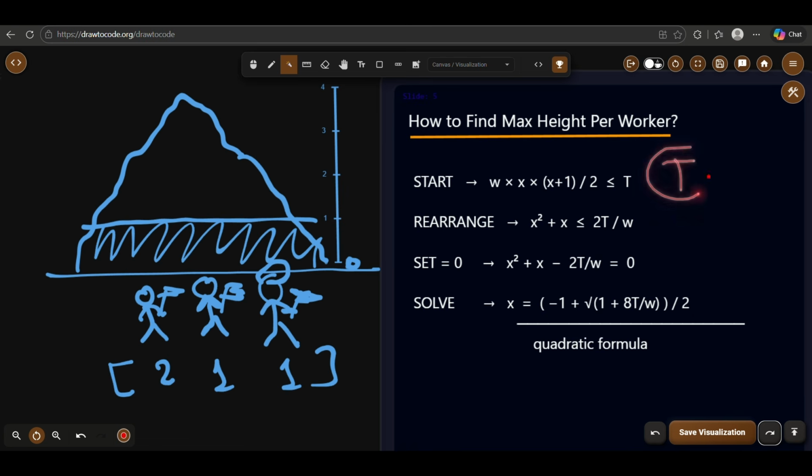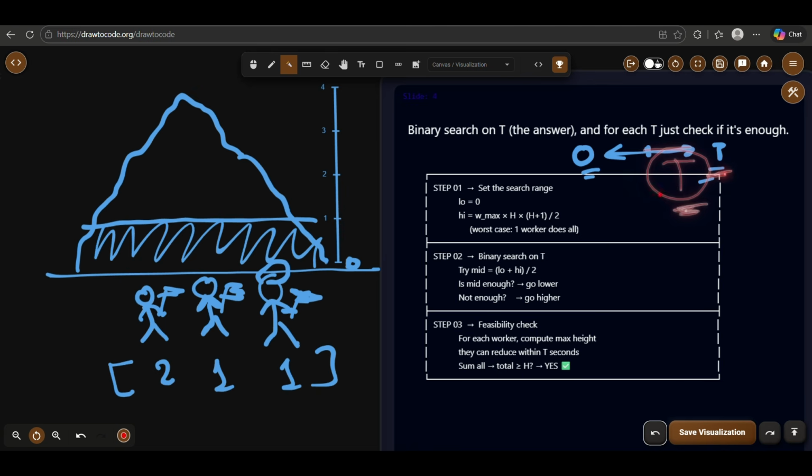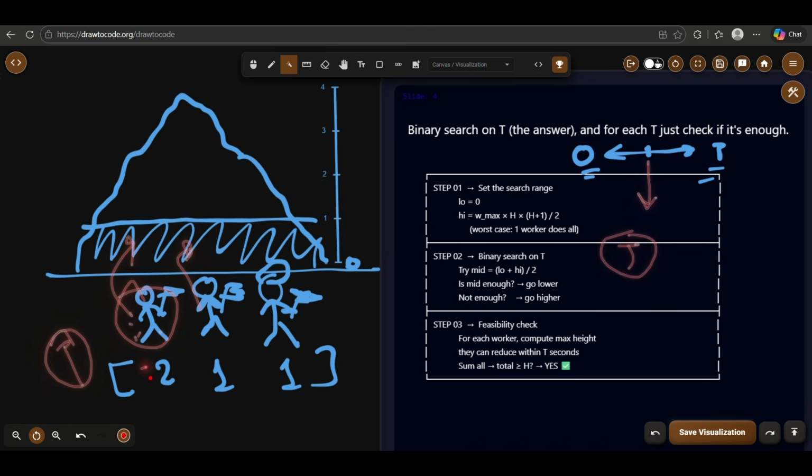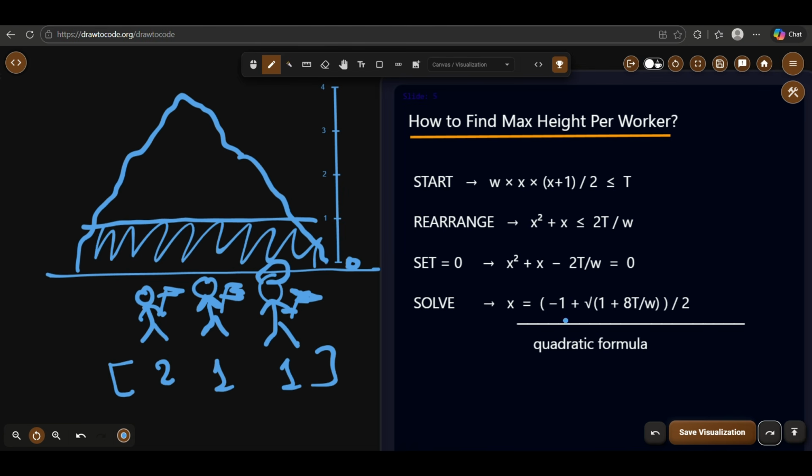Suppose we are given T. So we found that T, and we have to find whether T is enough or not. As these workers are working simultaneously, first we will find how much work each can do in T seconds. T we have found in binary search. So how much height can he chop in T seconds? We will get that here using this function.